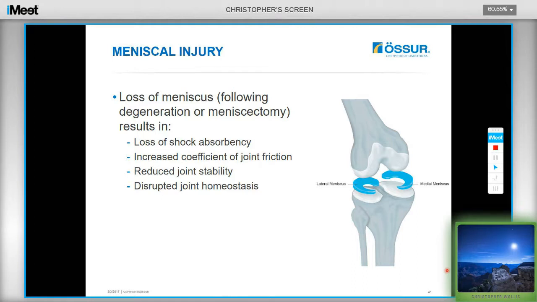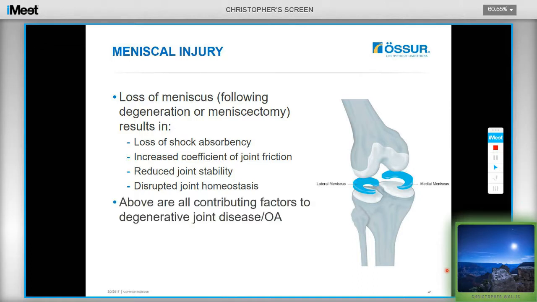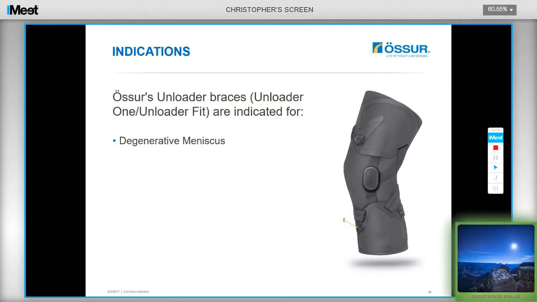We've got disrupted joint homeostasis. We've got reductions in joint lubrication. And these are all contributing factors to degenerative joint disease and OA. So for those where we're removing meniscus or losing meniscus as a result of injury, Unloader is certainly a brace that can assist.